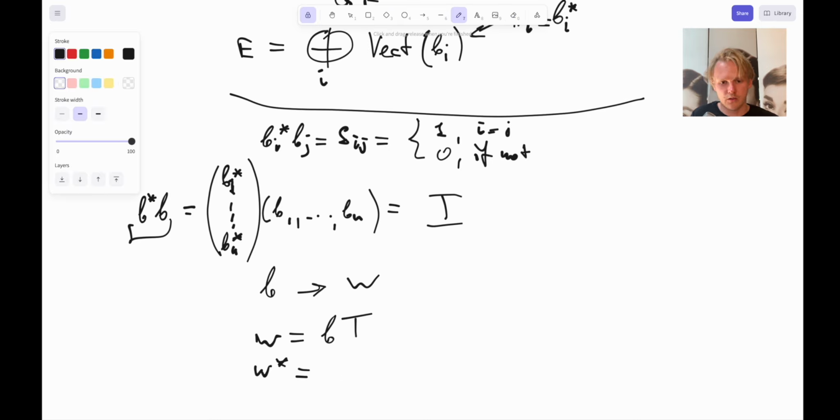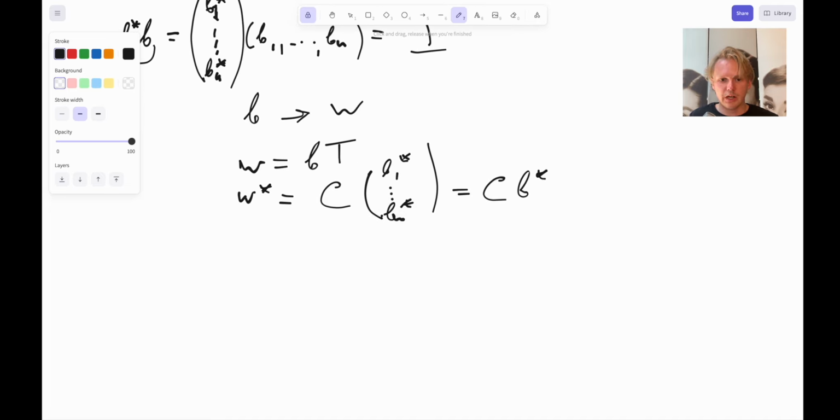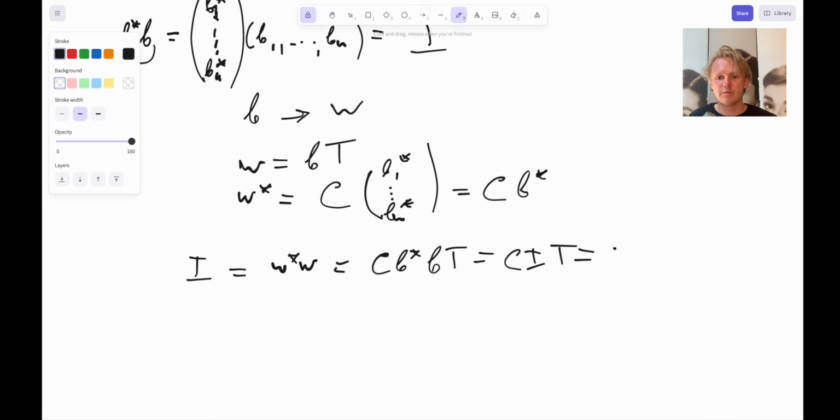So it will be c times b star. And if we multiply w star with w, on one side we get the identity matrix, and on the other side, if we do the substitution, we get c b star b t. Here we get identity, the identity disappears, and we get just c times t. And c times t equals identity means that c is the inverse of t, right?